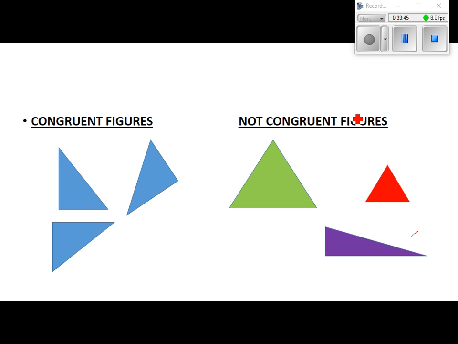Alright, looking at this, what do we notice about all three of these triangles? They're all congruent. Tell me what I would have to do to this. Turn it. Maybe 90 degrees counterclockwise. Would that get them to match up? That's what you're going to have to do on the homework. You're going to have to say, okay, how do I go from here to there, and be able to explain it out.